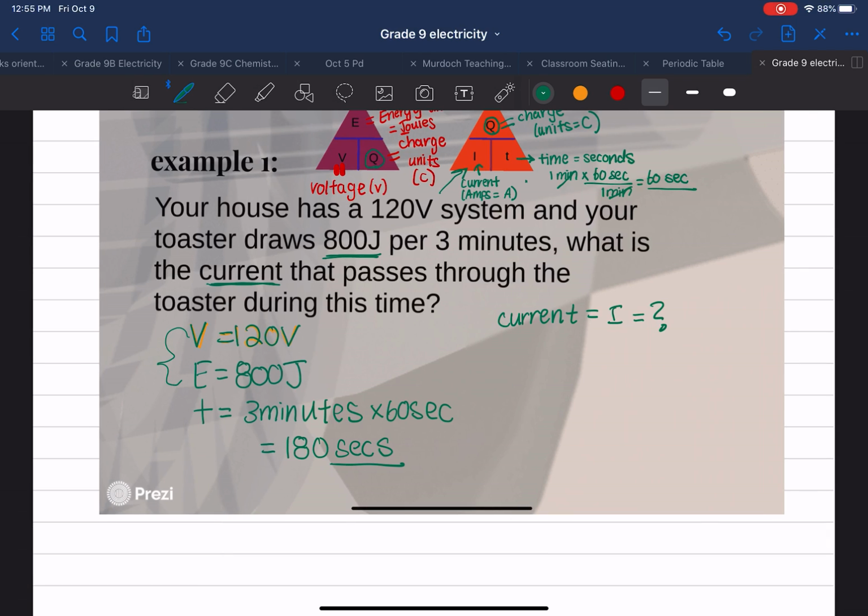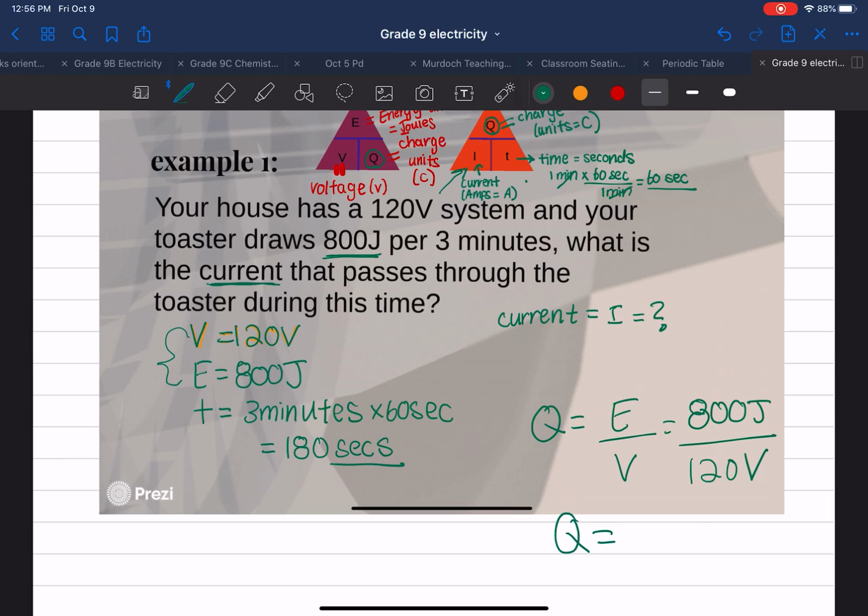So Q equals energy over voltage. We'll put our energy, 800 joules, over 120 volts.